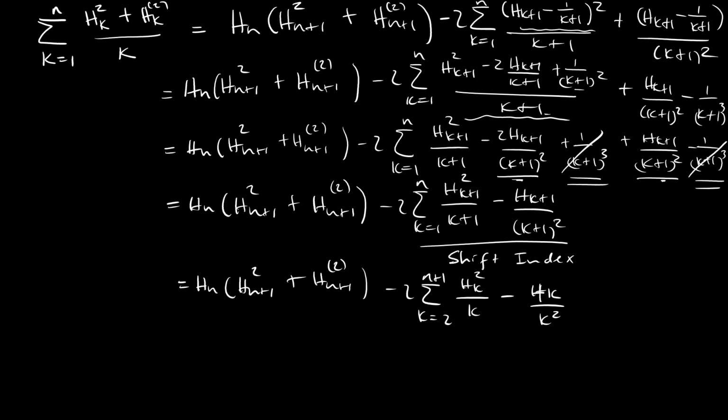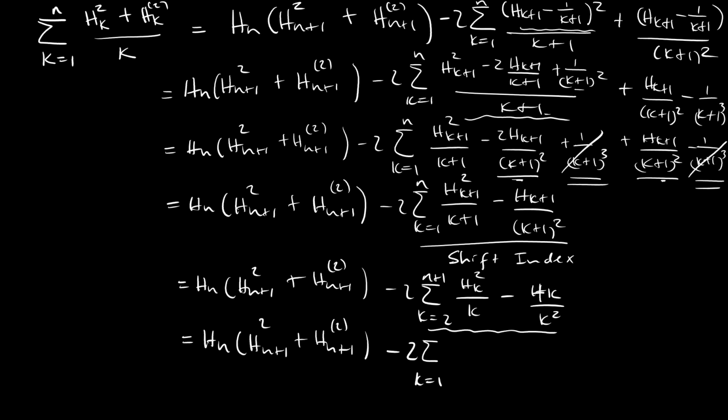And what does that mean? It means we can re-express this part so that it begins from k equals 1 to n in the following way. So we have h_{n+1} squared plus h_{n+1} bracket squared minus 2, sum over k equals 1.